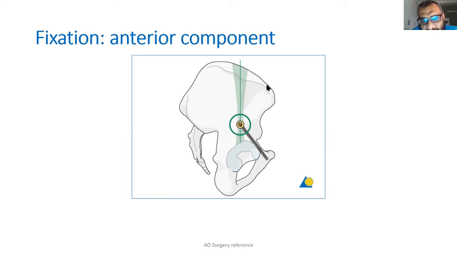You don't see this because you are doing a posterior approach. So at least you see this. So you can draw an imaginary line by your eye here, and then how to know that you are in this line, how to know that you are not anterior to this line or posterior to this line.